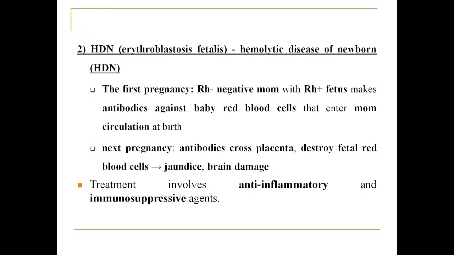But in every following pregnancy, antibodies cross the placenta, bind to red blood cells, activate complement, the membrane attack complex, and destroy fetal red blood cells. It causes jaundice and brain damage.